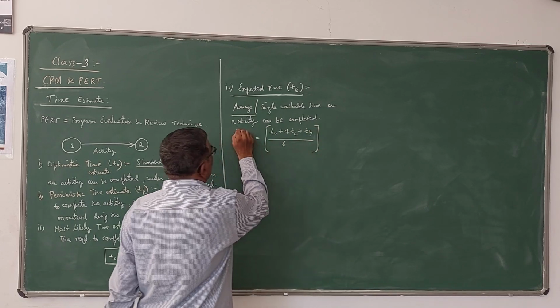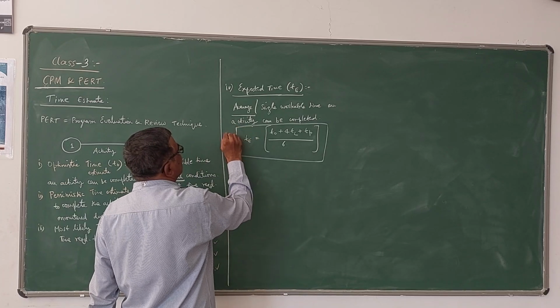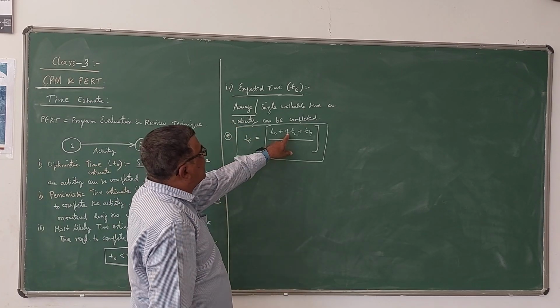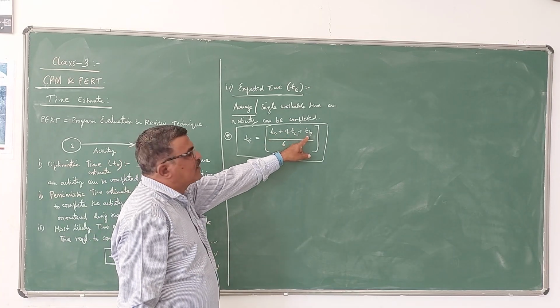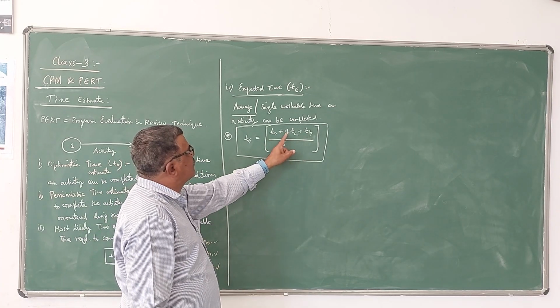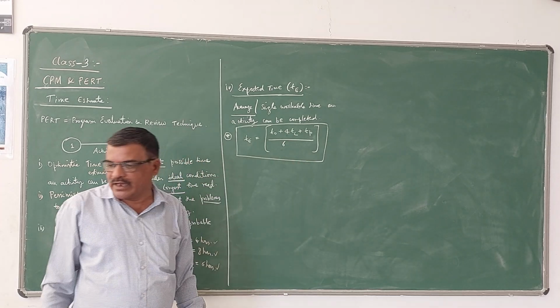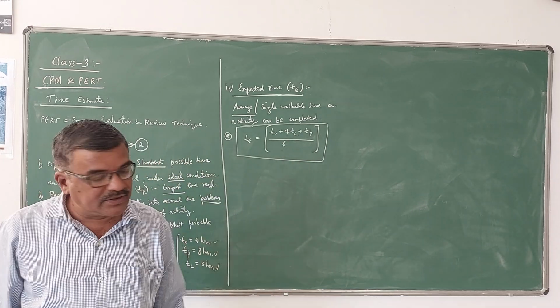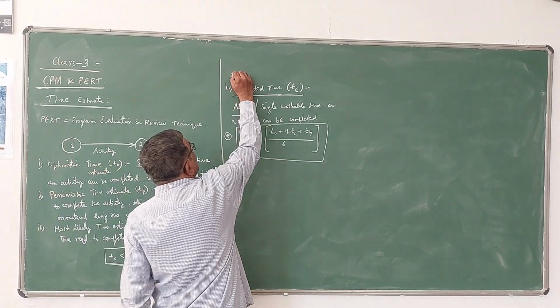This is the formula to find the estimated time for any activity. You can see the weightage for TL is 4 times that for TO and TP, divided by 6, since 4 plus 1 plus 1 is 6. That gives the average time, which is called the expected time.